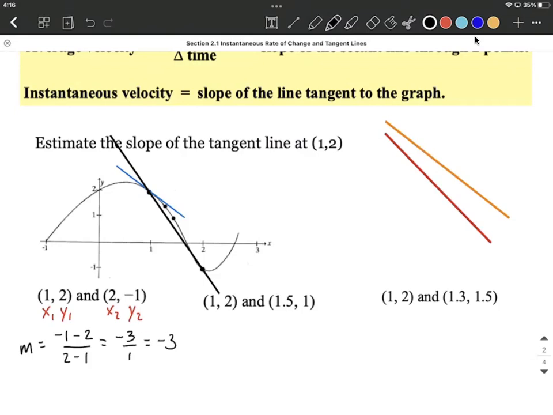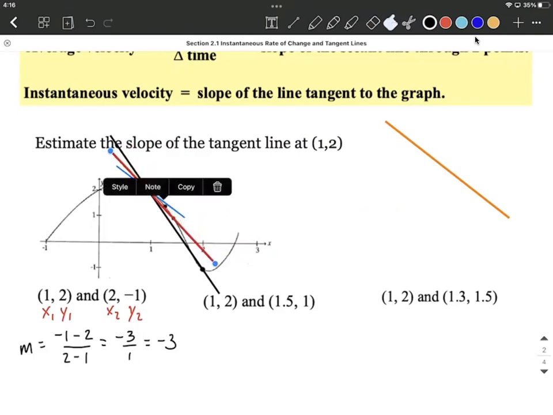Okay, it's an estimation, but I think we can get a better estimation. So we're going to go from the point that was way down here and pick a point that's closer to the one we really care about. Again, the one we care about is (1, 2). So I'm going to slide in a little bit closer and use this point next, drawing a secant line in.